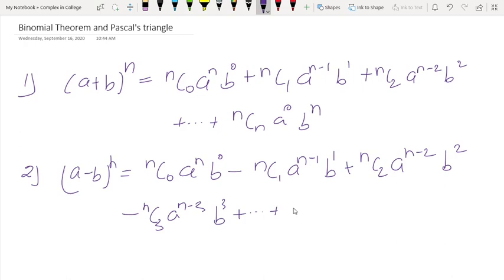Then plus sign and so on. Last would be minus 1 raised to n, which depends on whether the value of n is even or odd. If it is even, this would lead us to a positive sign. If it is odd, it would lead us to a negative sign: nCn a raised to 0 b raised to n. So this is the binomial expansion of a plus b and a minus b with power n, where n is a positive integer.